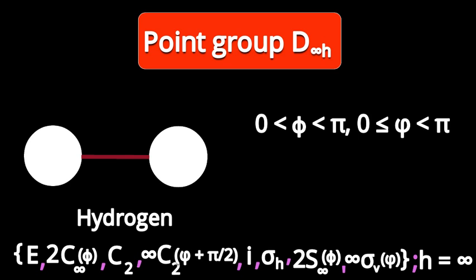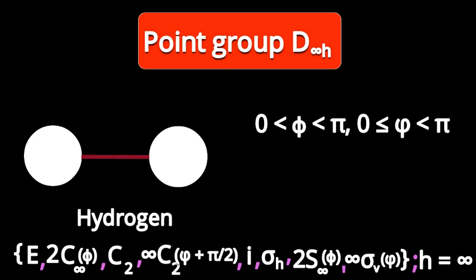Afterwards, a C2 operation, only one C2 operation. Actually, this C2 operation is due to the C2 axis coinciding with C infinity, so it is generated from the C infinity operation only. But we need to represent it separately, therefore it is represented here.